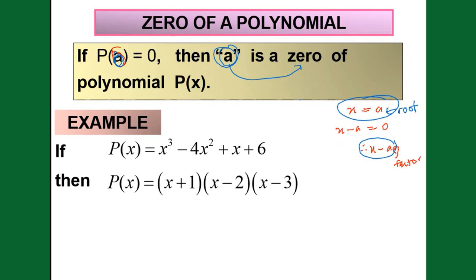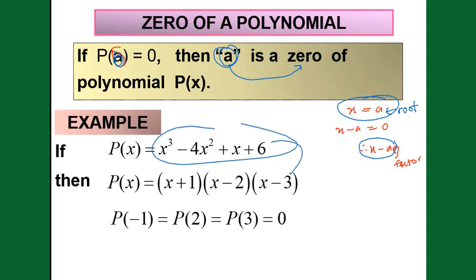Jadi example macam ni. Then okay. So now this one factorize. Kita belajar how to factorize. When substitute negative 1 dalam ni, P of negative 1 is equal to 0. So ini 0. Substitute 2 kat sini, P of 2 0 juga.